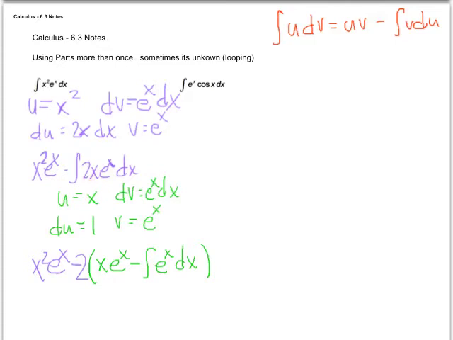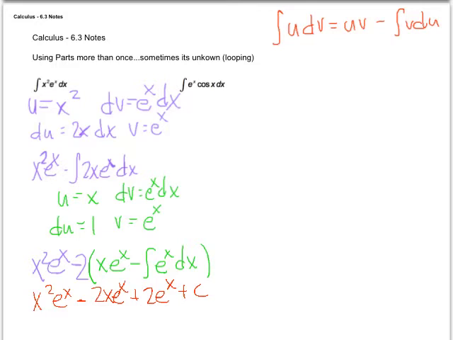Remember, a constant can come out. Well, that's easy enough to integrate, because when you integrate e to the x, it stays e to the x. So my final answer is x squared e to the x minus 2x e to the x plus 2e to the x plus c.